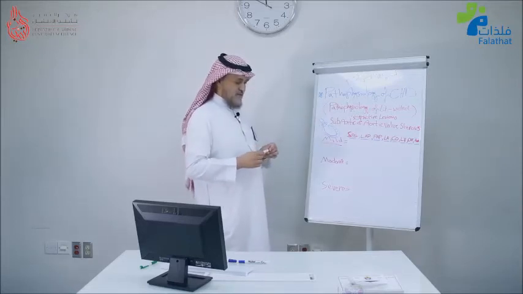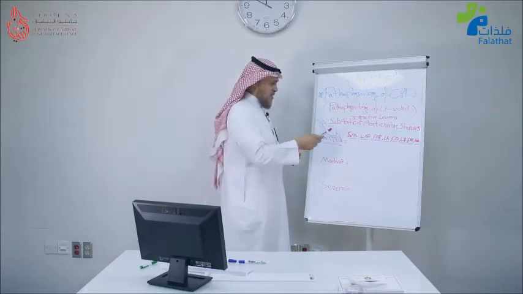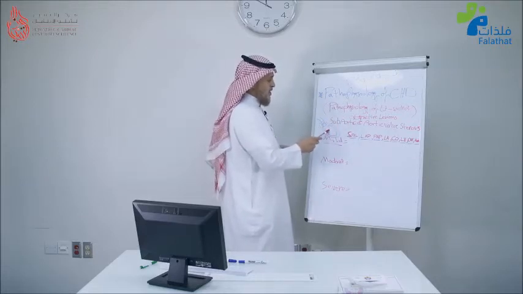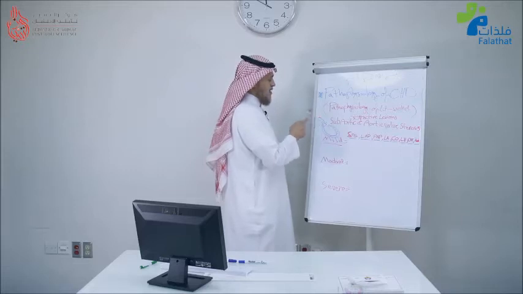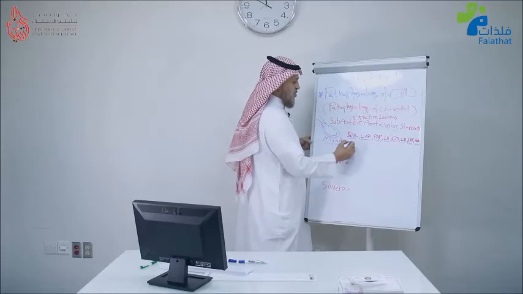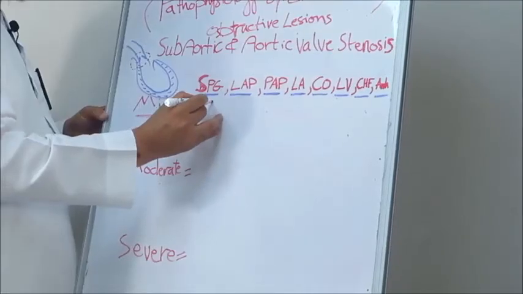So what is a mild aortic valve stenosis? A mild aortic valve stenosis is any systolic peak pressure gradient between the LV and the aorta of less than or equal to 40 millimeters of mercury. Let's say less than 40, just for simplicity.